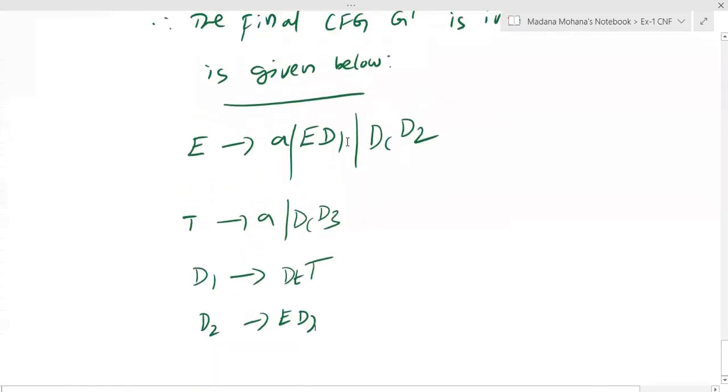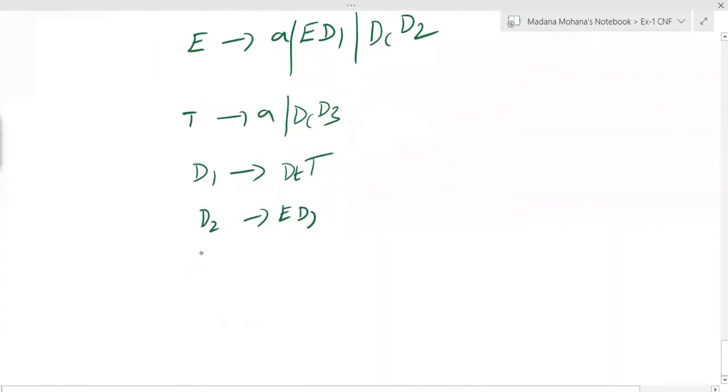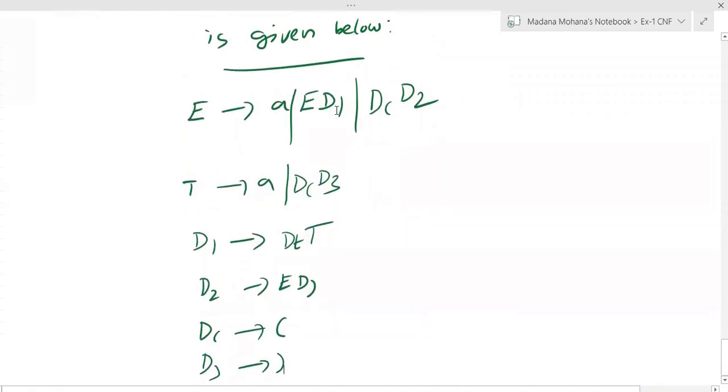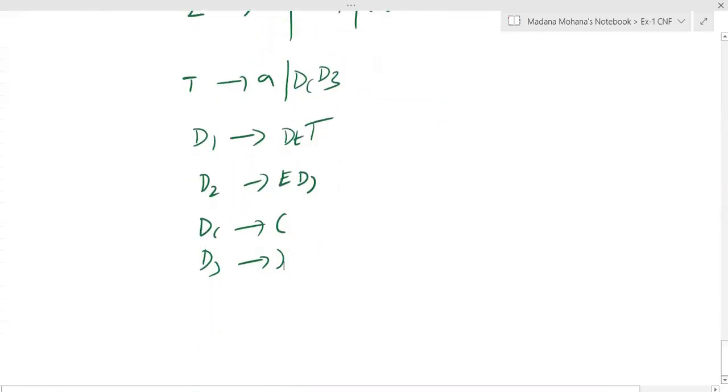Then what are the other new variables? D1, D2, or D suffix left parenthesis. D suffix left parenthesis derives a terminal left parenthesis. Then D suffix right parenthesis derives a right parenthesis terminal. Now what are the other new variables in the right hand side? In D1, D suffix T is there. So that is also another new variable. What is its value?